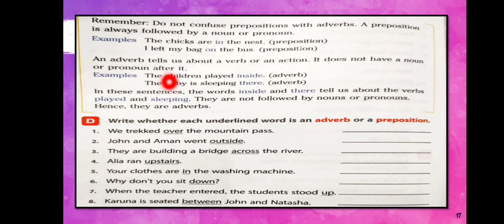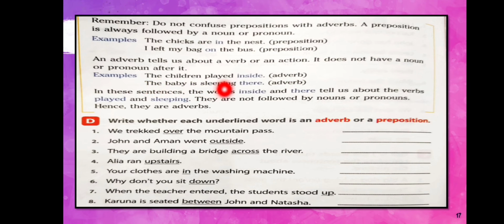Whereas an adverb tells us about a verb or an action. It does not have a noun or pronoun after that. So it is very easy to identify that after the adverb there won't be any noun or pronoun. So here see the sentence.